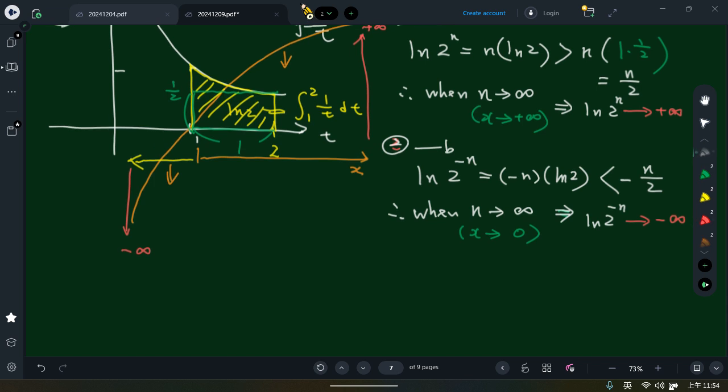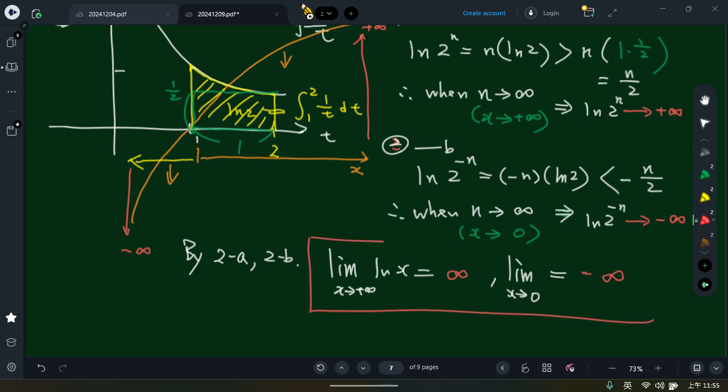So by these two facts, by A and B, we can conclude that as the limit of s approaches positive infinity, ln x will be positive infinity. And when the limit of s approaches 0, that will become negative infinity.